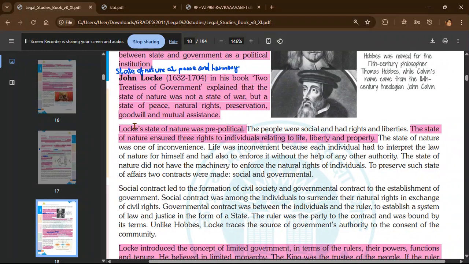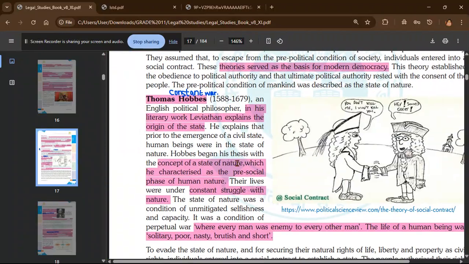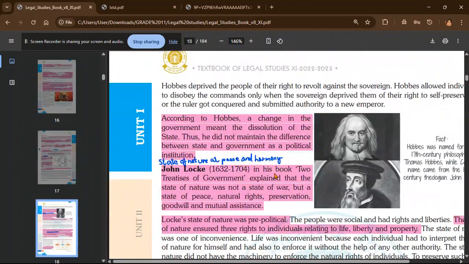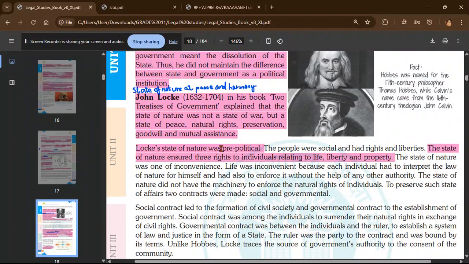So John Locke's state of nature was pre-political, and according to Thomas Hobbes, it was pre-social, right? We see here it was pre-social, but according to John Locke, it was pre-political. Okay, so the state of nature ensured three rights to individuals relating to life, liberty and property.